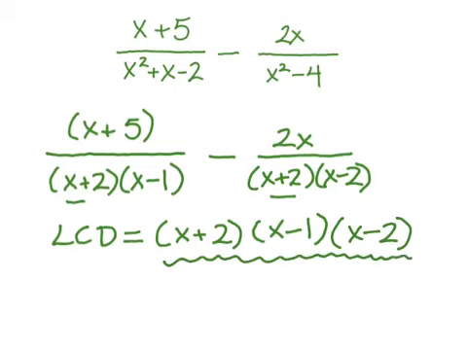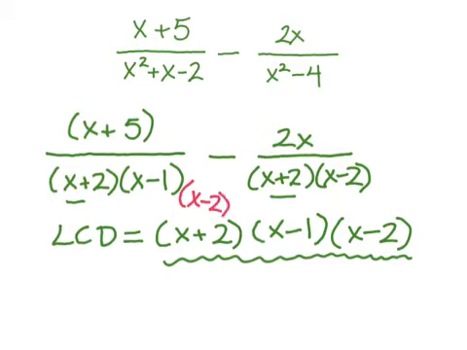That's what I need both of these to match in order to actually be able to do the subtraction. So looking at the first one, you notice that I have the x plus 2 and the x minus 1. The one I am missing is the x minus 2 term. So I'm going to go ahead and multiply that in to the bottom.